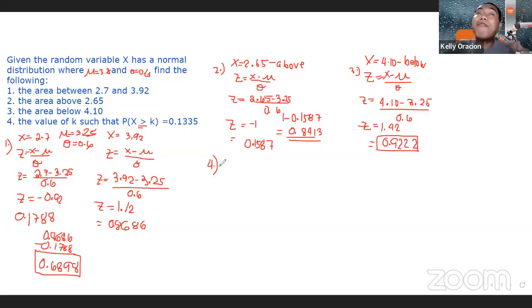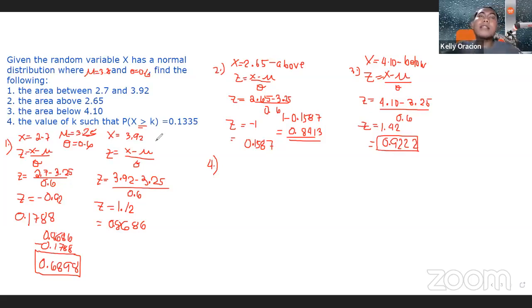Greater than, above, more than, it's all the same, to the right. That means you are going to subtract it from 1 to get the area.